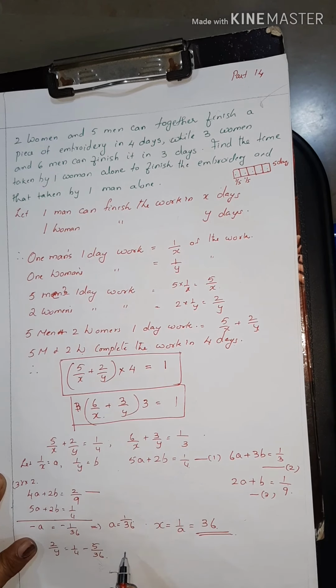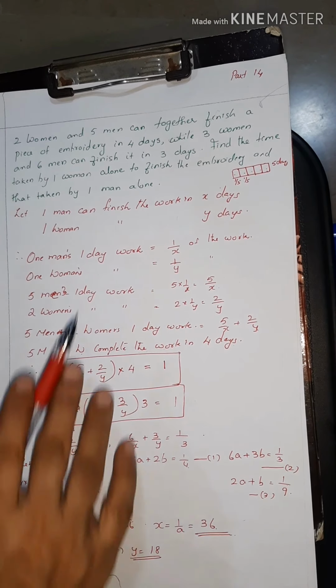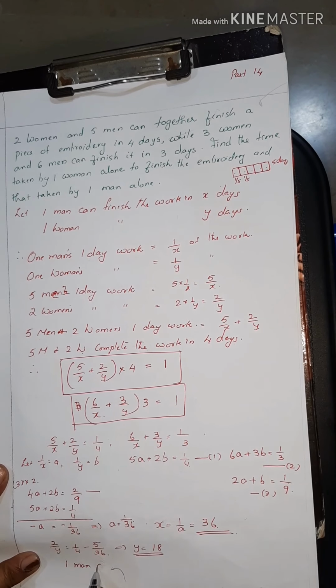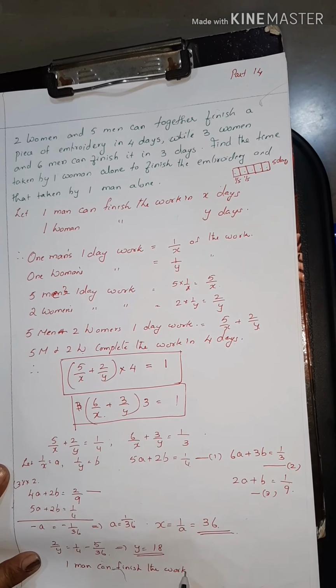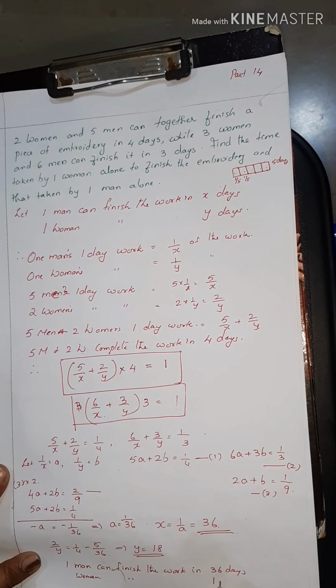So from this I will get y is equal to 18. So one man can finish the work in 36 days, and one woman can finish it in 18 days alone.